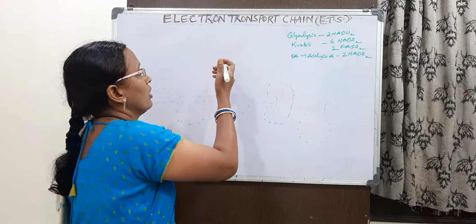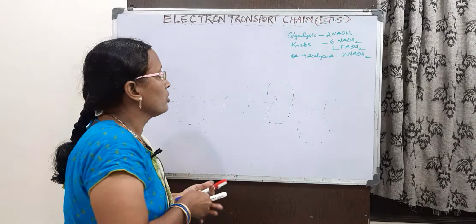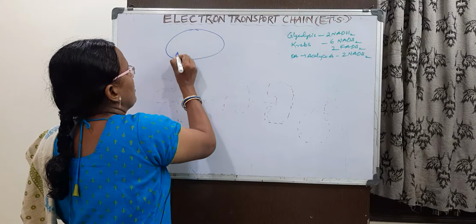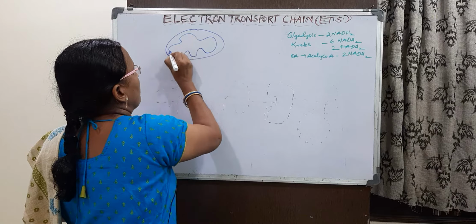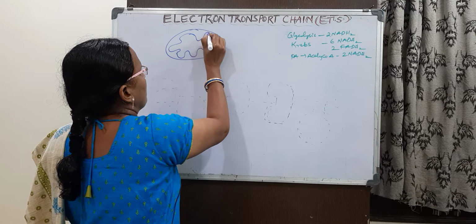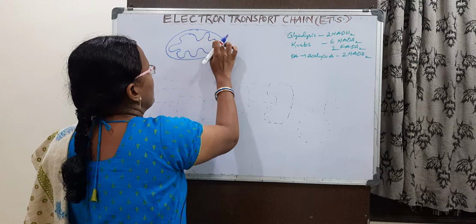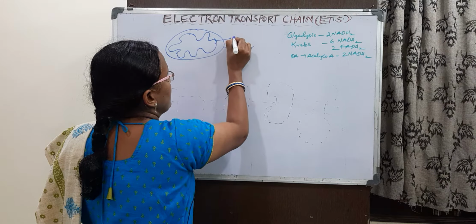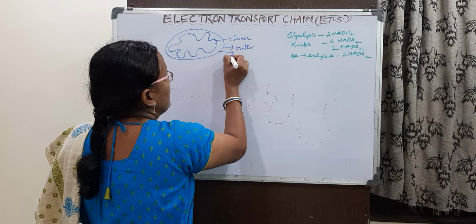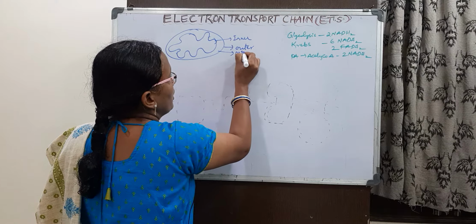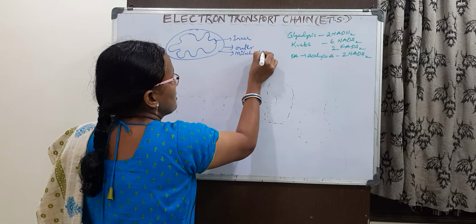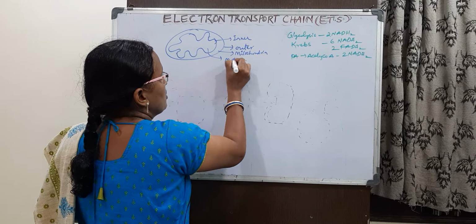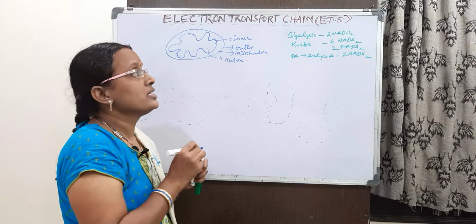of mitochondria. If we see the structure of mitochondria, the inner membrane has foldings that are clustered. This is the outer and this is the inner membrane, this place is known as the intermembrane space, and this is the matrix.